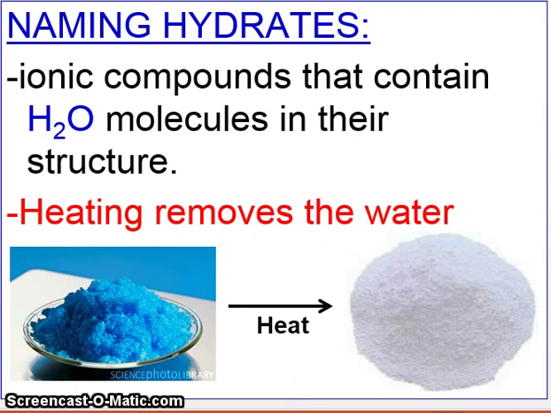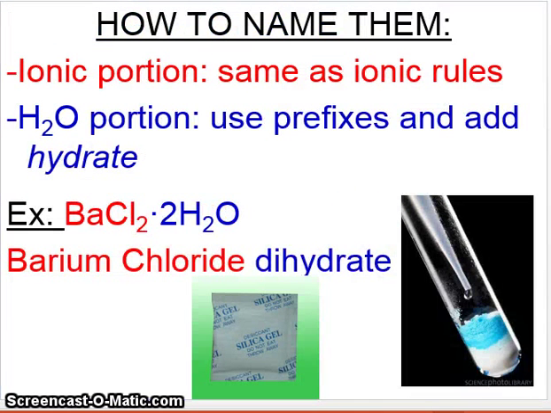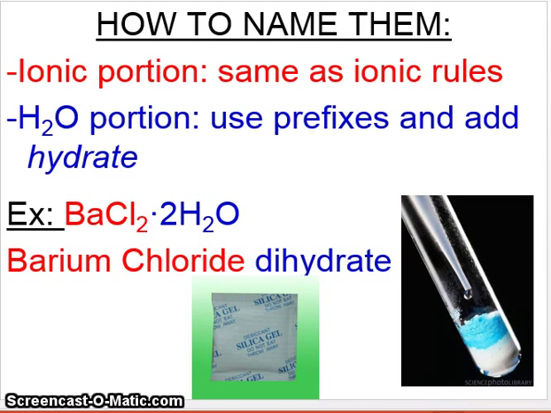What we'll do is we'll teach you how to name these compounds. So the rules for naming them actually won't be much more than what we've already learned. The first portion of it, the ionic portion of the compound, is the same as our ionic rules, which recall meant that you have to name first the cation and then the anion. And then the second portion of these hydrates would be the water portion.